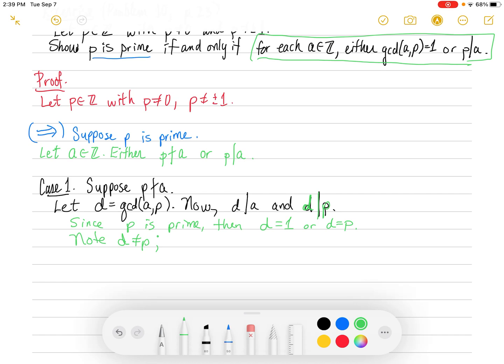Well, we know d divides a back here, right? So if d equals p, then we would have p divides a, which would contradict that p doesn't divide a.